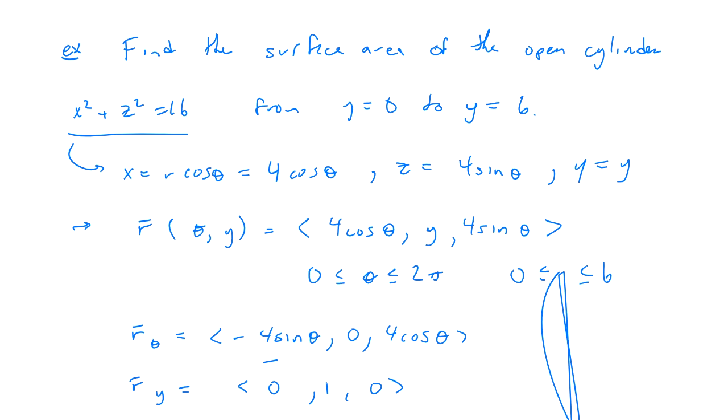And so I'll put this on the next one also, but trying to keep it so we have it here. So then the cross product is equal to, and again, I'll just do it. It's negative 4 cosine, and then 0, and negative 4 sine. So I'll rewrite that in the next one.